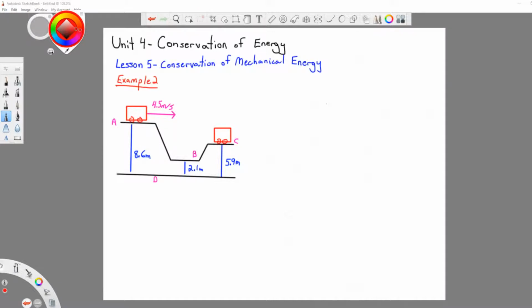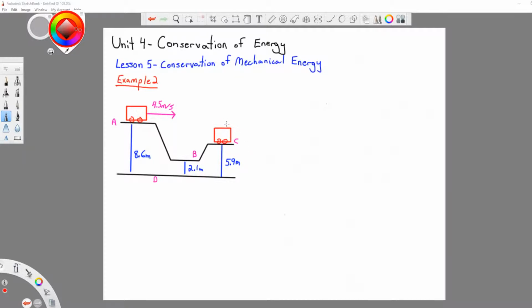In this question, we have ourselves a cart on this multi-leveled pathway, and the question is asking us to determine the velocity of our cart at point C. This cart is going to be rolling down this hill, scooting across here and rolling back up. And we want to figure out how fast this cart is going when it's on this final platform.